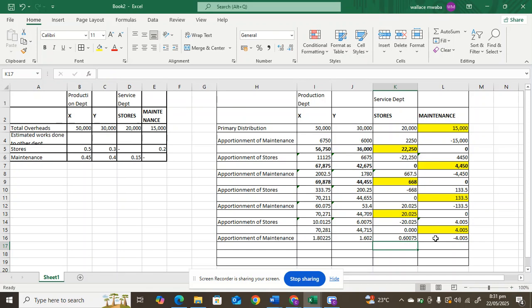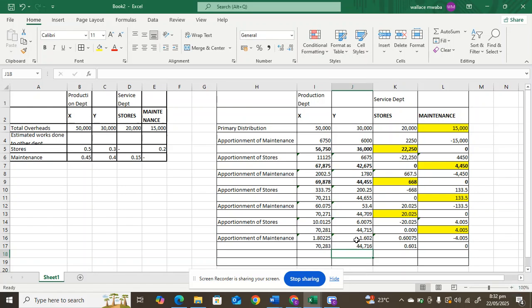Yes, we get 0.6007. So we get our new totals. Here we get 0. Maintenance, we get 0. For stores, 0 plus 0.06 is 0.601. Here we get 70,000 plus 1.80225. Here we get 44,715 plus 1.602.